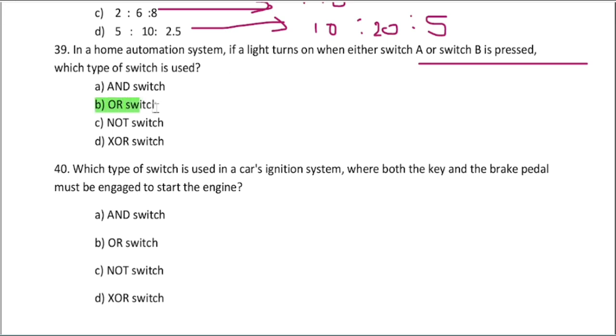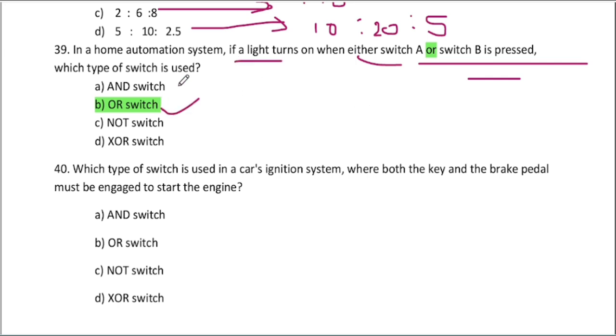This is an OR switch. Keep the logic: either switch A or switch B. You can use one of these switches to turn on the light.